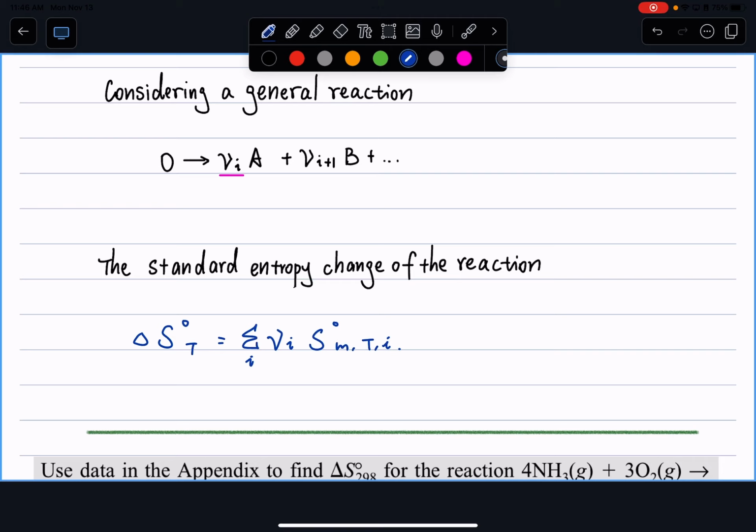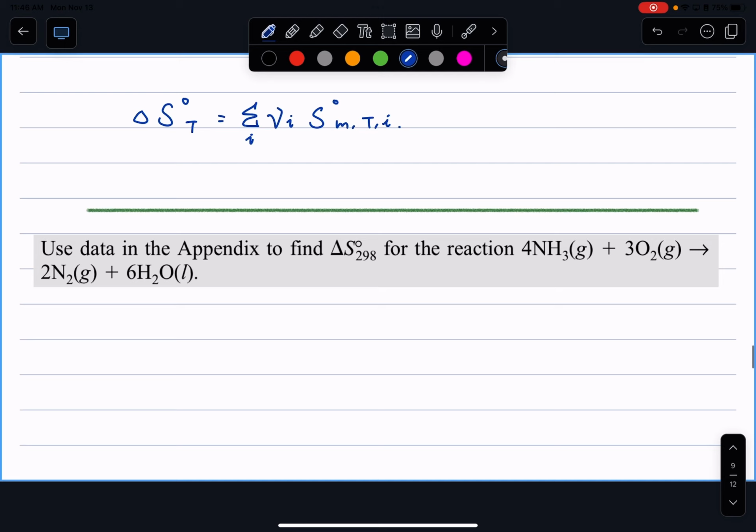One of the questions you might expect is to use that thermodynamic table to find the entropy change of the reaction, say ammonia reacting with oxygen to give you nitrogen and water, and find the overall entropy for this reaction. So we have delta S naught 298 equals the summation of my coefficient and your conventional molar entropy.